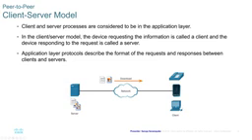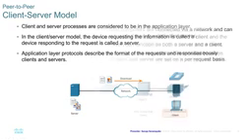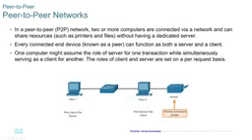We have three clients, and all of these three clients are connecting to this server to request information. But in peer-to-peer networks, two or more end devices are connected to each other, and they are communicating and sharing resources without a dedicated server. That's what makes it a peer-to-peer network.